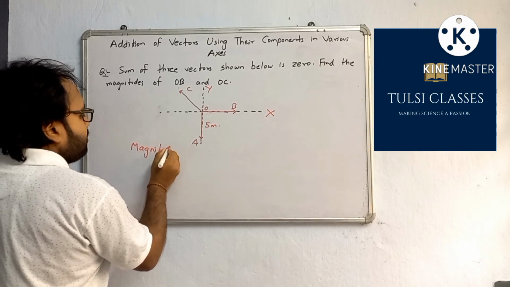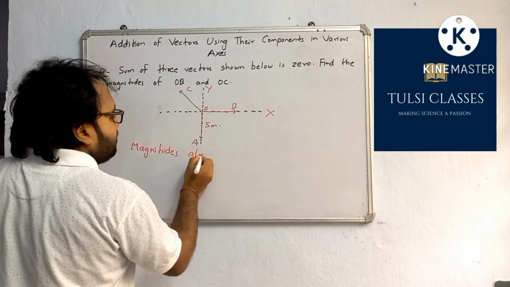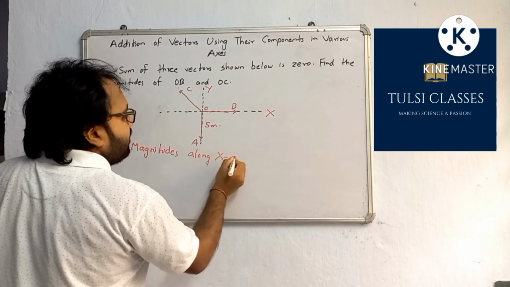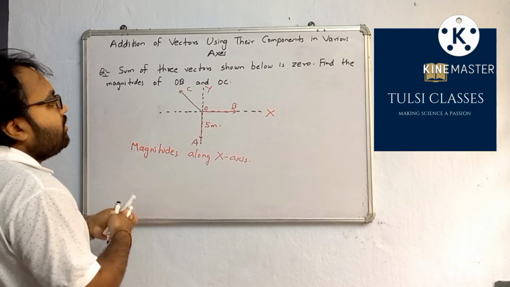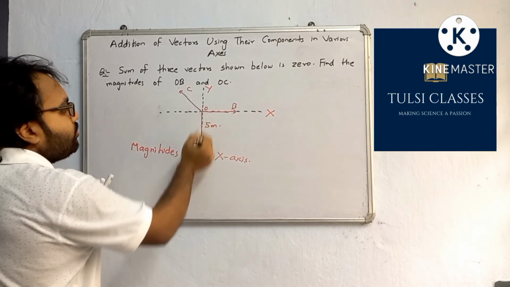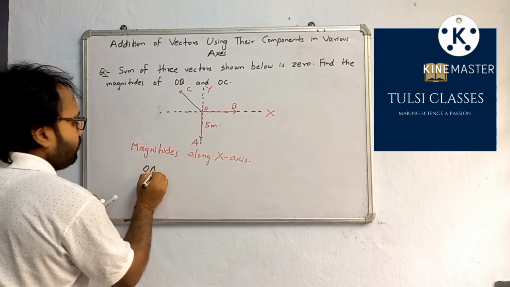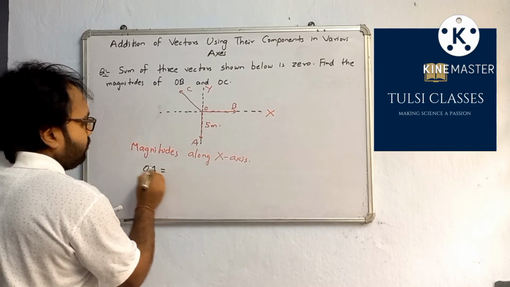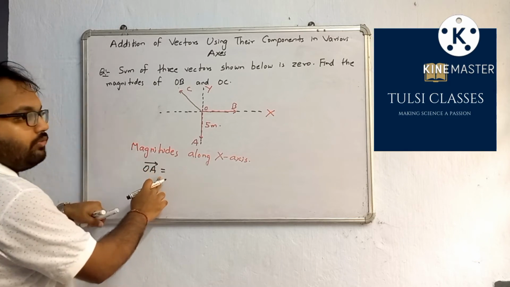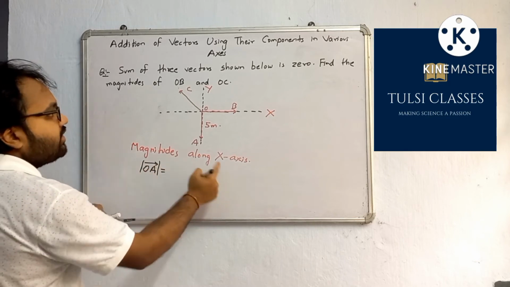Magnitudes along the x axis. First we will find the magnitude of the OA vector along the x axis. What will be the magnitude of the OA vector along the x axis?